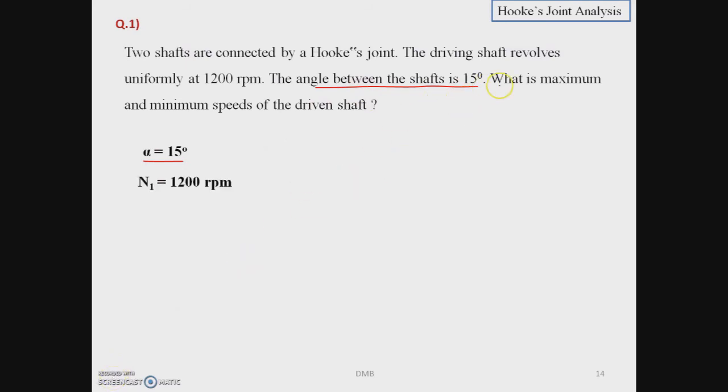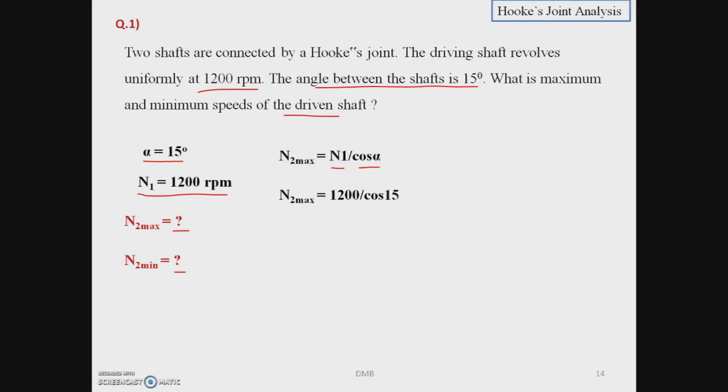The driving shaft revolves uniformly at 1200 rpm. We indicate the speed of the input or driving shaft by n1, so n1 equals 1200 rpm. We have to determine the maximum and minimum speeds of the driven shaft, so n2 max and n2 minimum are to be determined. We know that n2 max is equal to the speed of the driving shaft divided by cos of alpha.